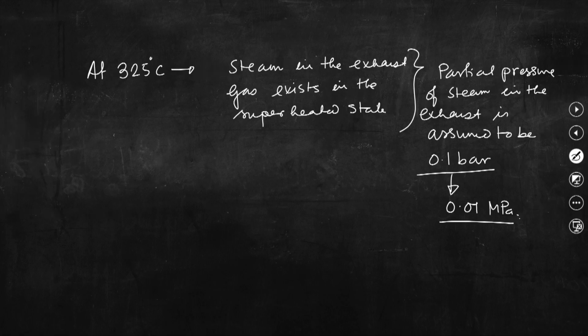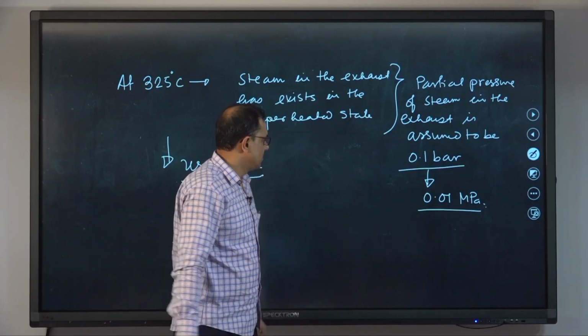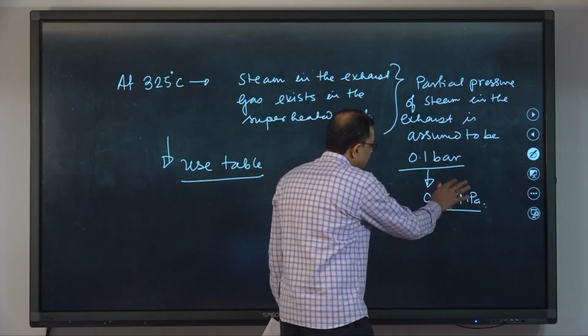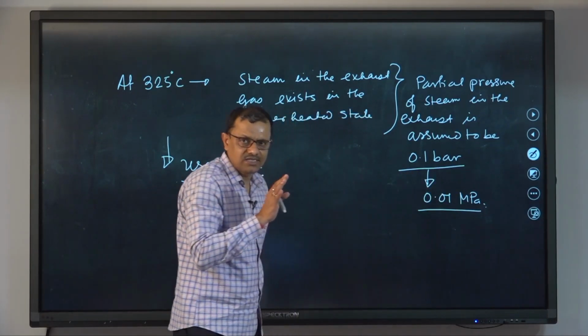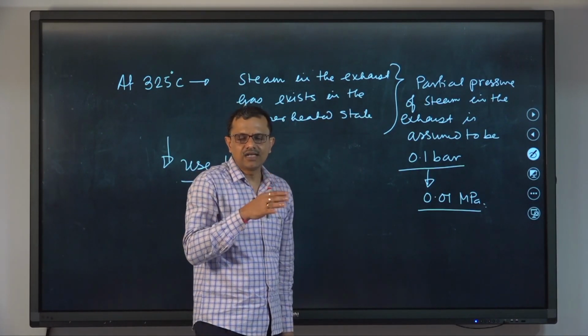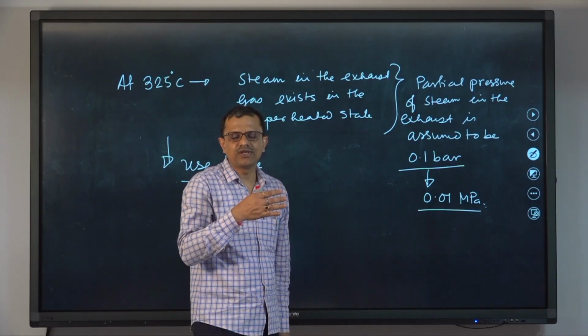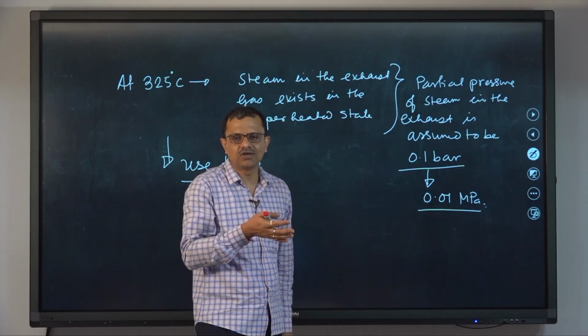Okay. So, if we use the steam table, you probably know very well, you can try on your own even. We know the partial pressure of the moisture, the steam that would be in the superheated state in the exhaust.